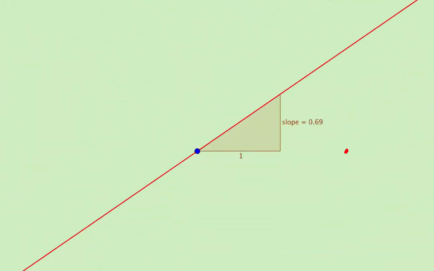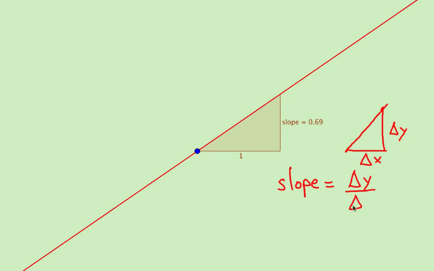Suppose I have 2 points, one over here, the other over here, and this is a distance delta x, and this is the distance delta y. Then the slope of the straight line that passes through these 2 points, which I'll call the slope or the gradient, is delta y divided by delta x.